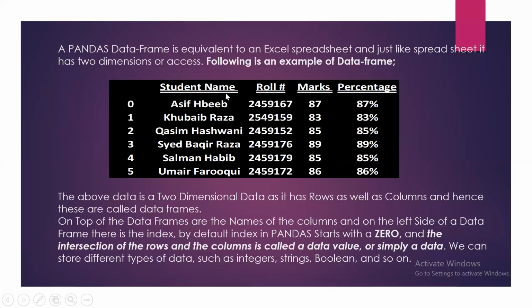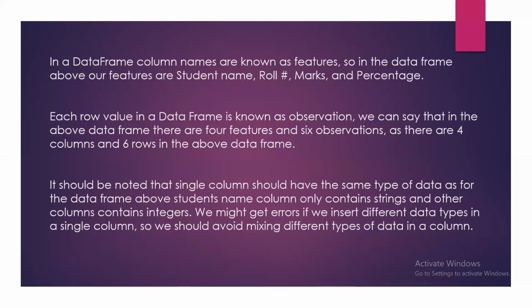So this was the example of the data frame which we were discussing in arrays, and we will also be performing and making data frames in Python later in this lecture.